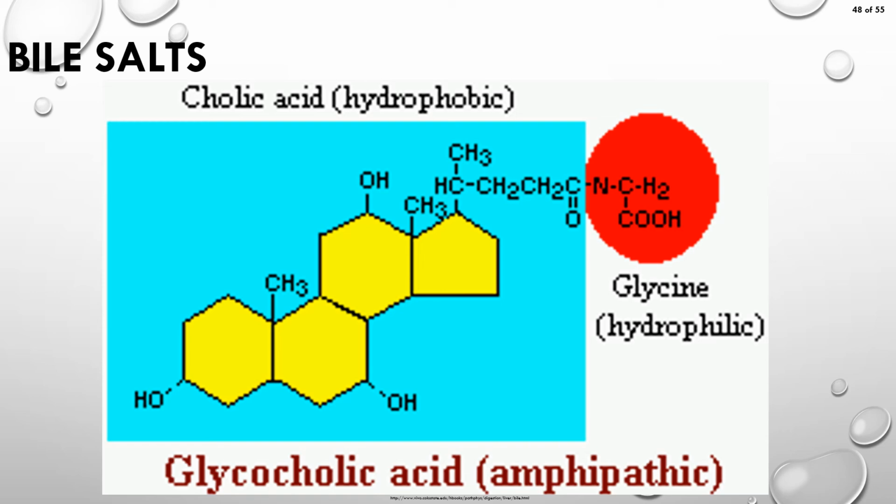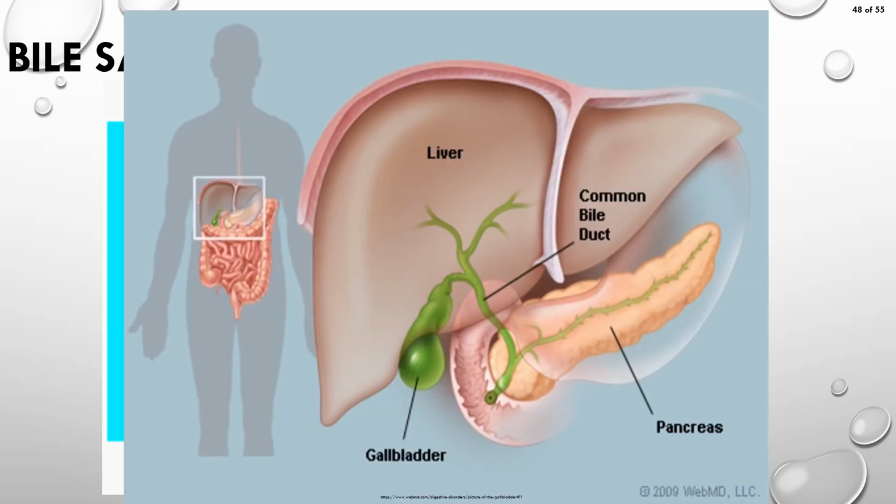Now, what are these bile salts? Bile salts are the primary components of bile. Bile is the greenish yellow fluid made by the liver, and the bile salts are stored in our gallbladder between meals. So this is the gallbladder, the green one.